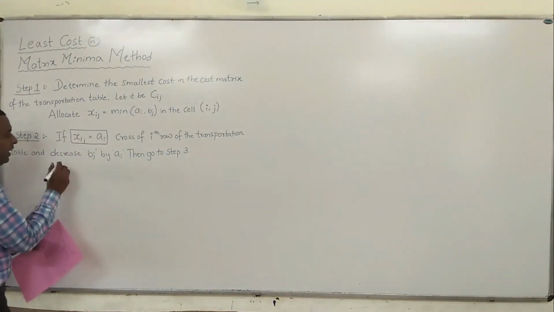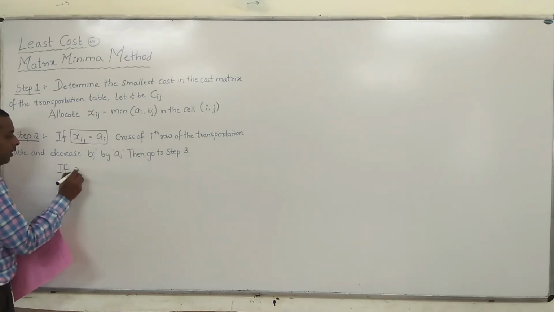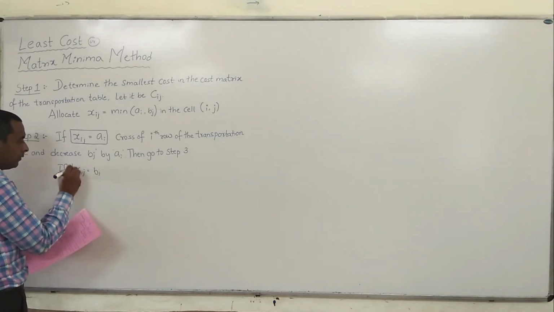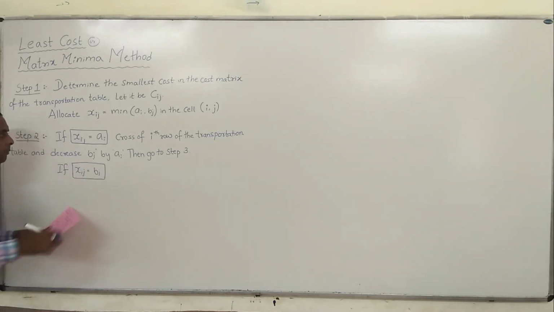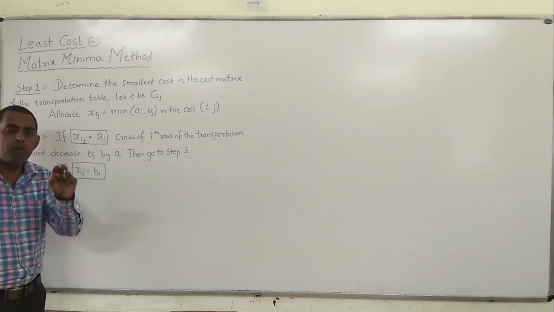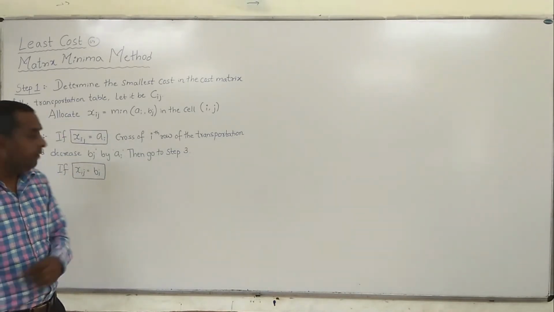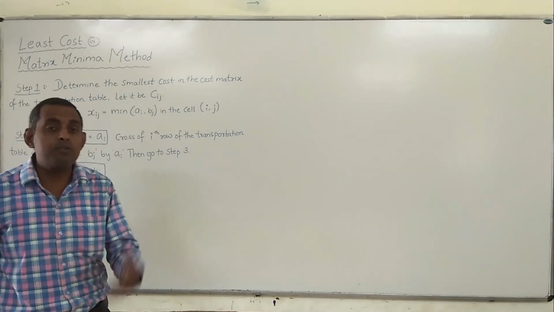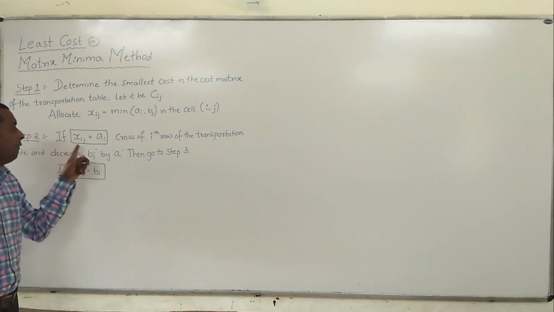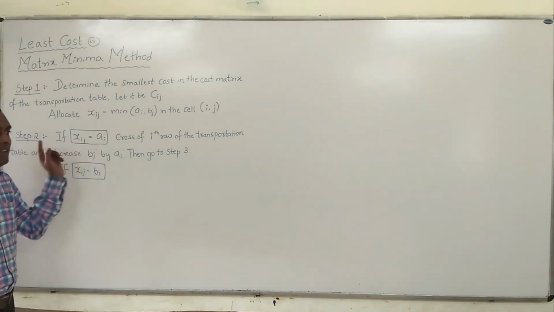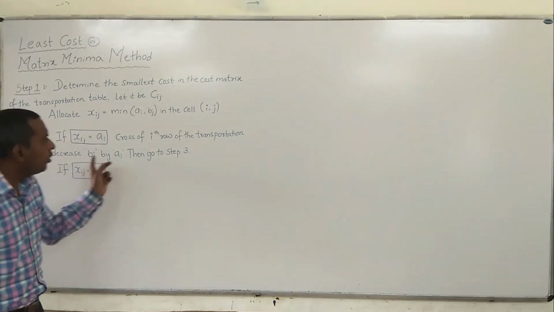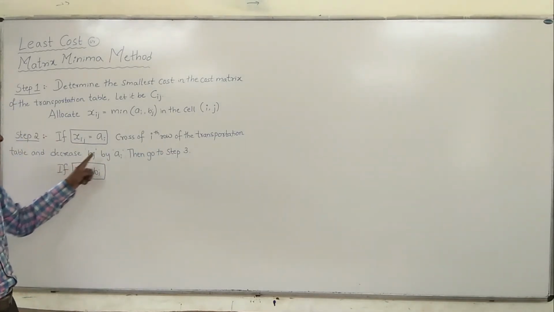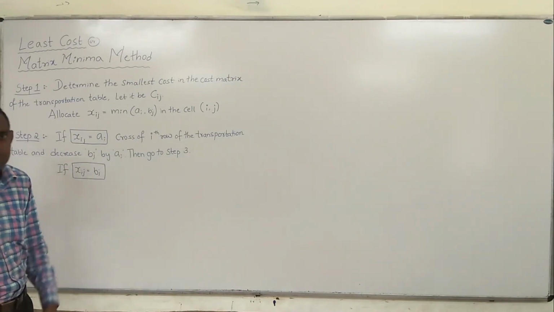Fine. Whereas next, if Xij is equal to Bj, one thing we have to remember here: Ai corresponds to row, whereas Bj corresponds to column. So if the minimum is Ai, that is the row, strike off that row in the transportation table and decrease Bj by Ai and go to step 3.